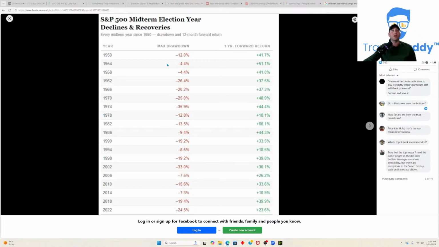And the people that always make the most money every year are the ones that have the cash available during some sort of drawdown. It's like even last year during the tariffs. So I thought that was pretty interesting too.